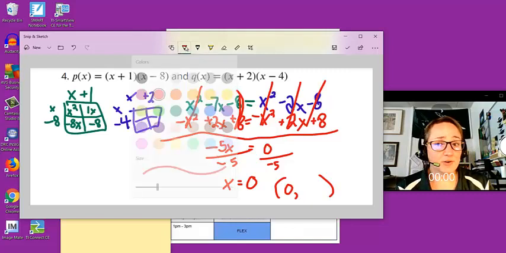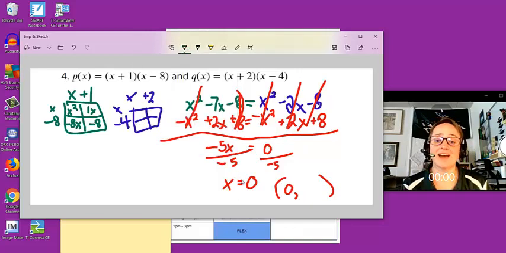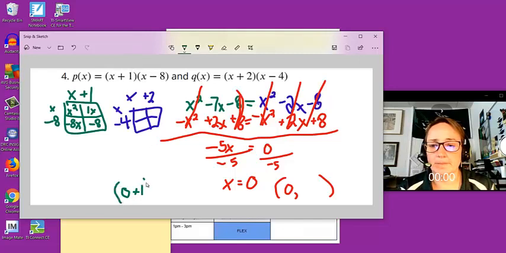To find our y-coordinate, we have to plug that 0 into either equation in the original. You've heard me say that a couple times before. So I have x equals 0. I'm going to plug it into the left-hand equation, this one here. And so I have 0 plus 1 and 0 minus 8. 0 plus 1 is 1 times 0 minus 8 is a negative 8.